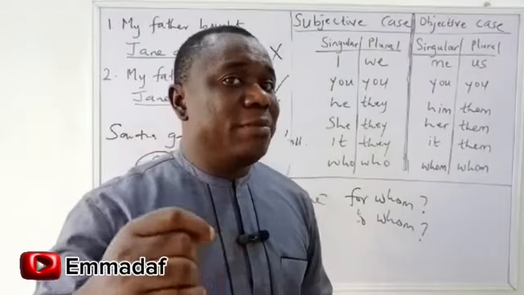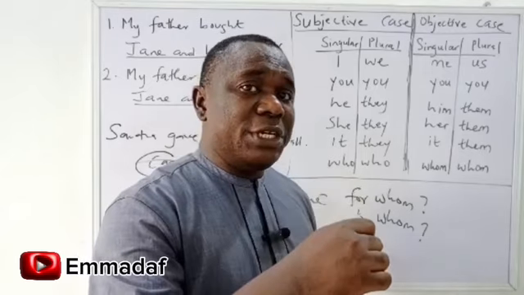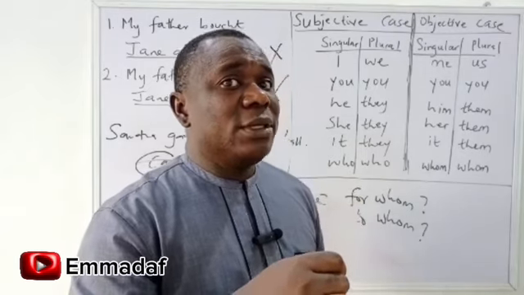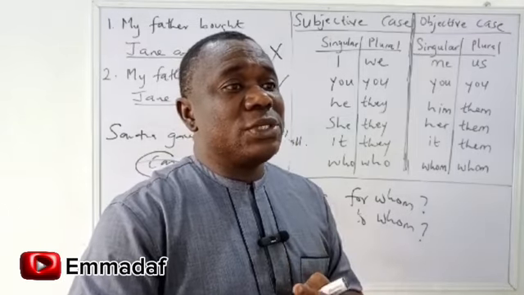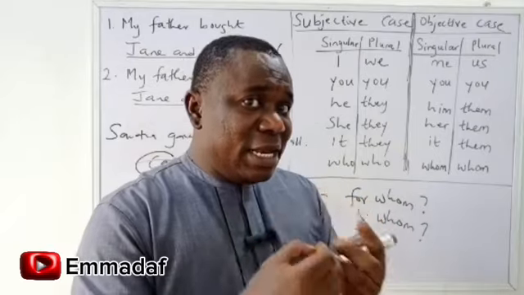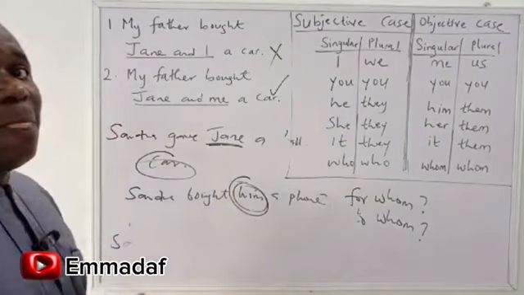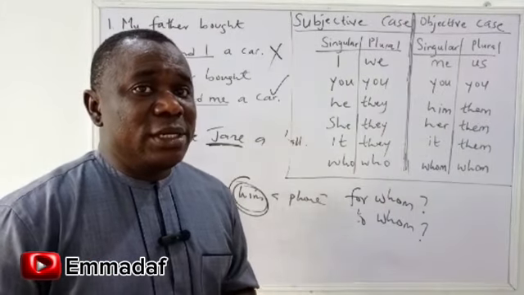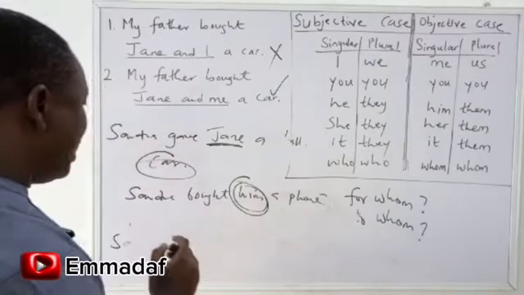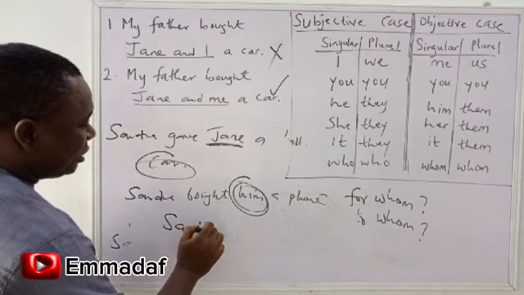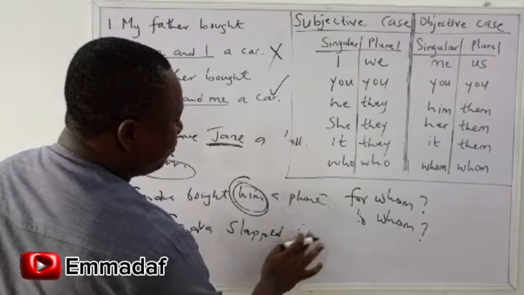Now, the point you need to keep in mind, and I made this point when I was treating the use of the pronoun as the object of the preposition. Once a pronoun functions as the indirect object of the verb, such as in this case, or it functions as the direct object of the verb, such as in this case, Sandra slapped him.